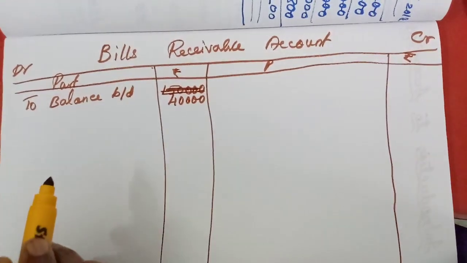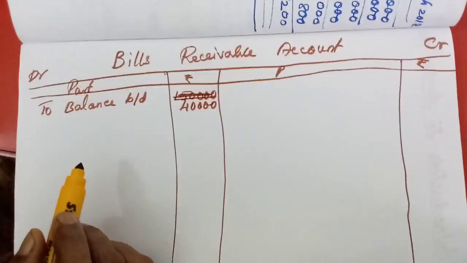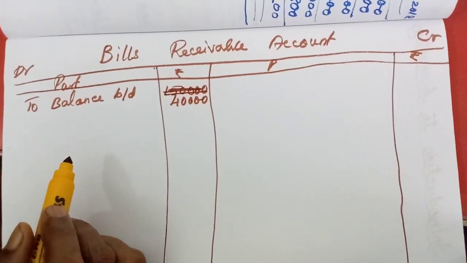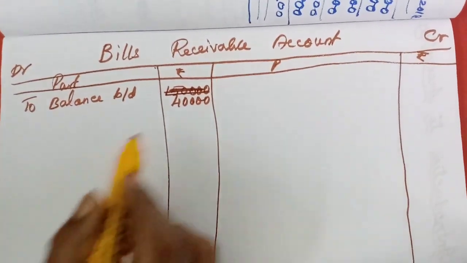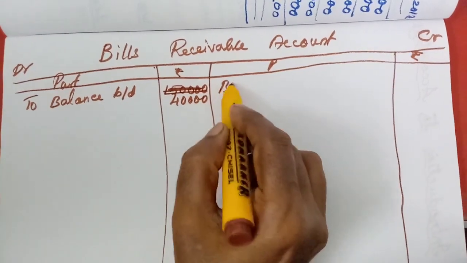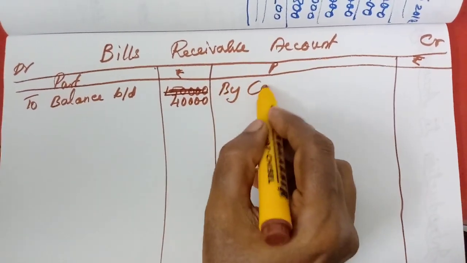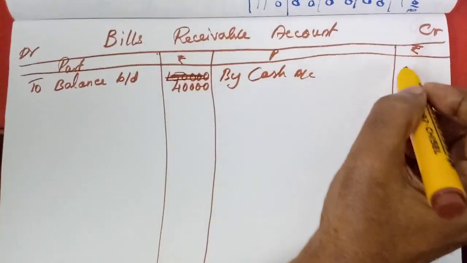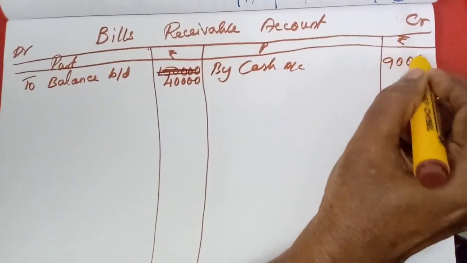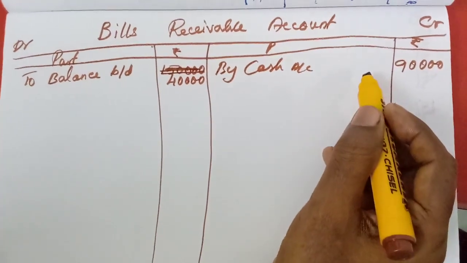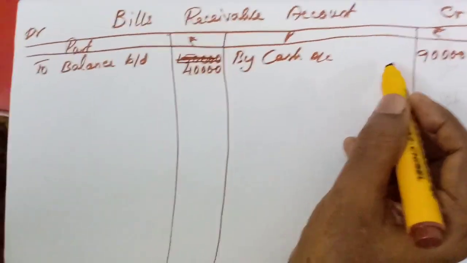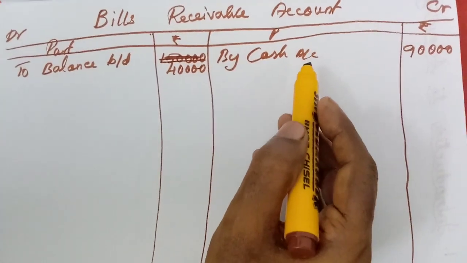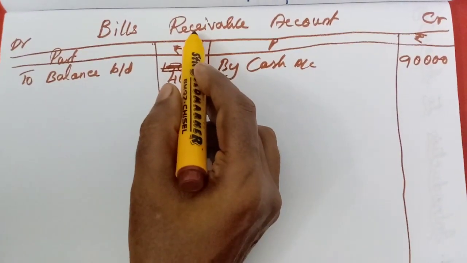Then after bills receivable, cash received from debtors will not come. Then cash received for bills receivable. So what is the entry? Cash account debtor to bills receivable. So by cash account 90,000. Then bills receivable dishonored. Dishonored, again we have to debit the debtors account and credit the bills receivable account.